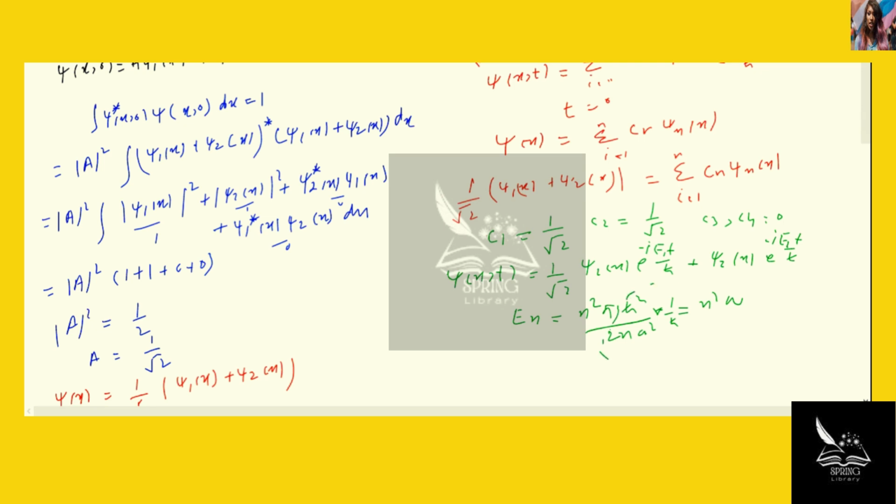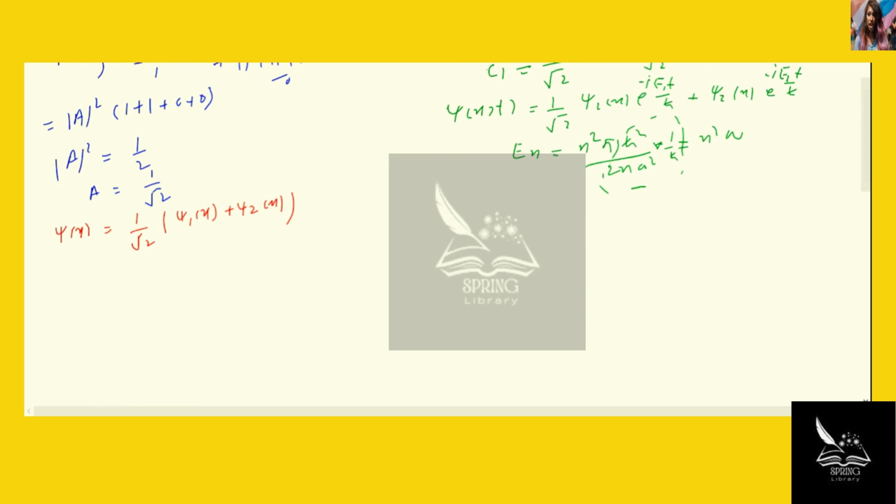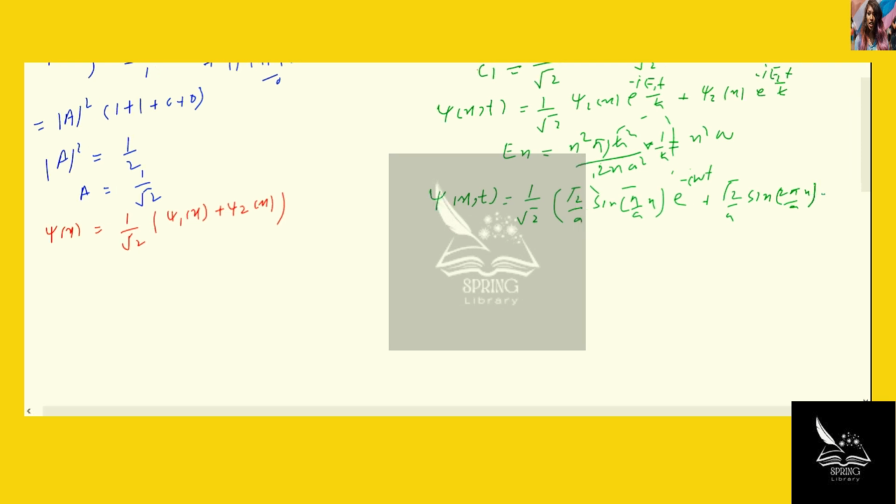So therefore the wave function psi(x, t) equals 1 out of under root 2 into under root 2 out of a sine of n pi out of a x e raised to the power minus iota omega t plus under root 2 out of a sine of 2 pi out of a x into e raised to the power minus iota 4 omega t.